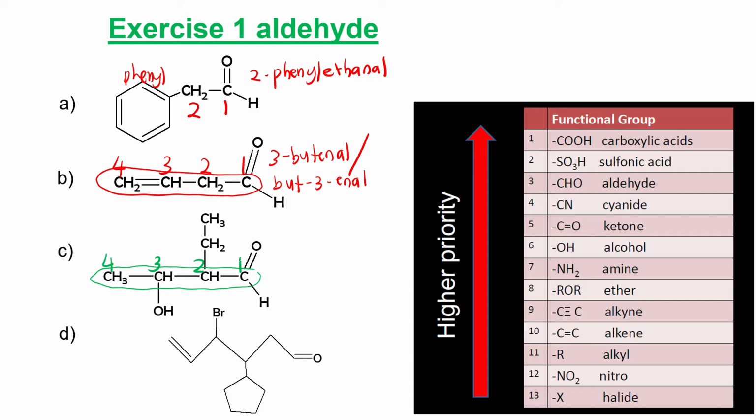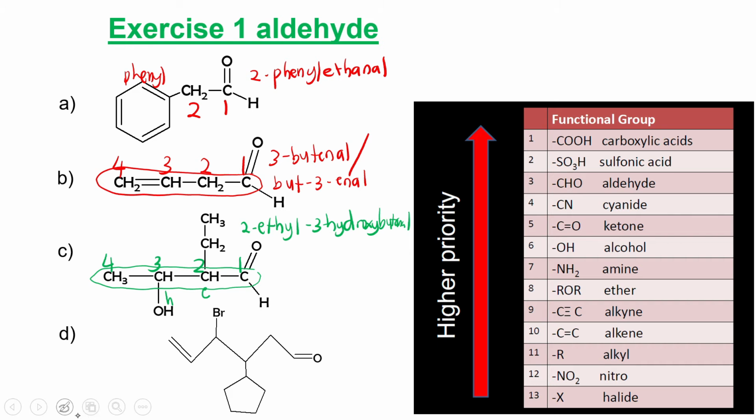At carbon number 2 we have ethyl, and at carbon number 3 we have alcohol as a substituent, hydroxy. So 2-ethyl and hydroxy. E comes first alphabetically, so 2-ethyl, 3-hydroxy, 4 carbon, butanal.